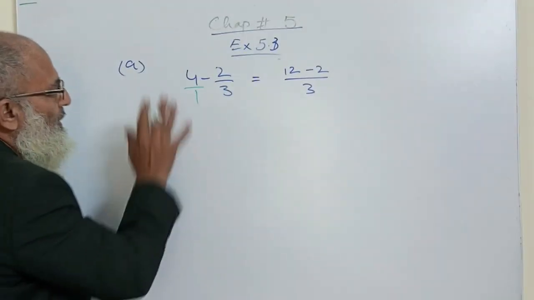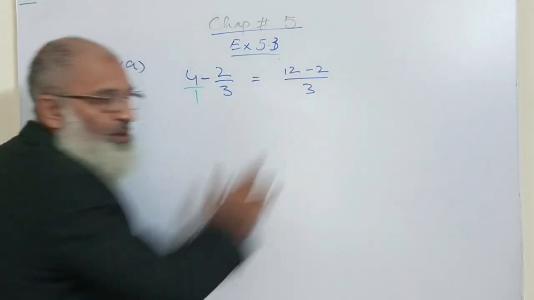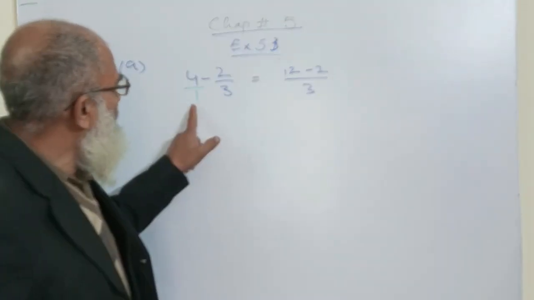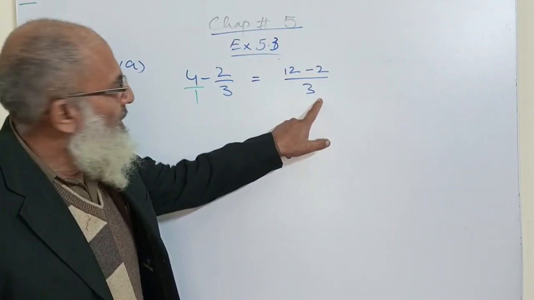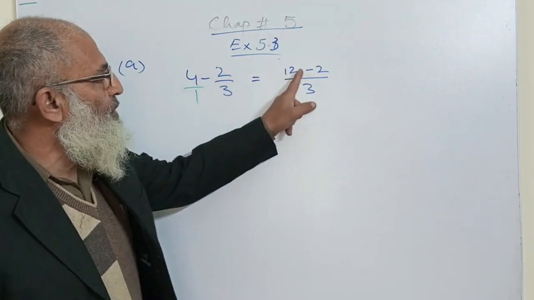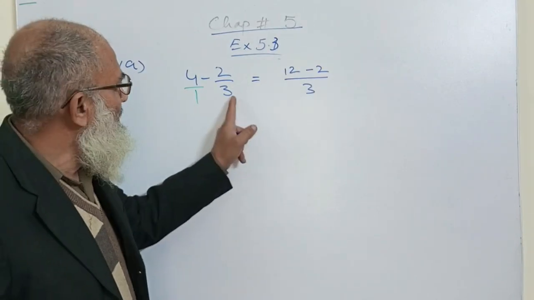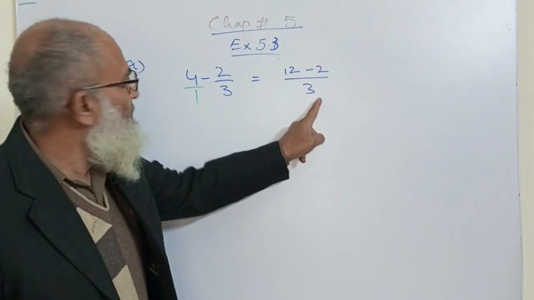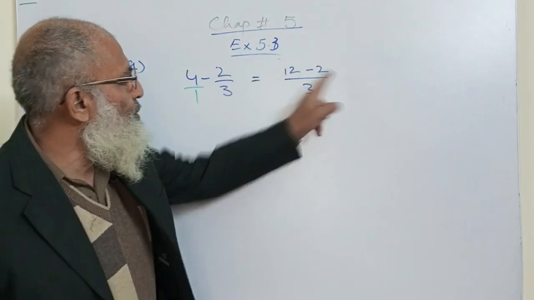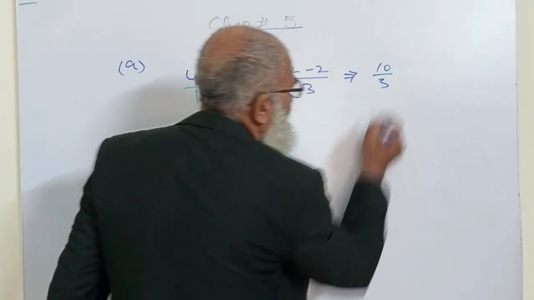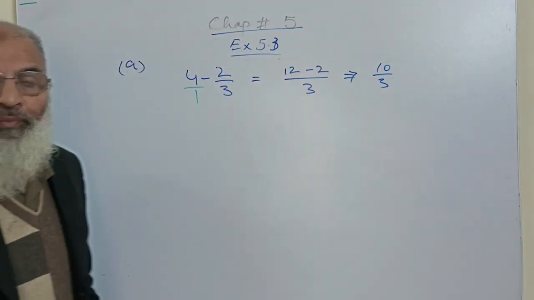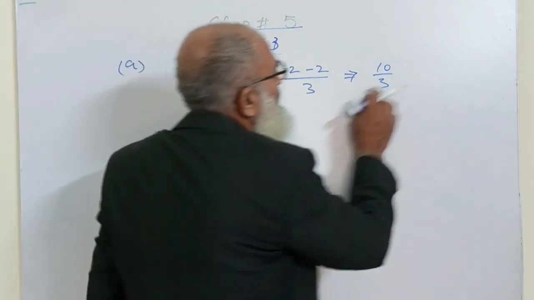Again listen. 1 3 times 3, and 3 4 times 12. 3 1 times 3 and 1 2 times 2. It is 10 upon 3. Very simple. Further do it.